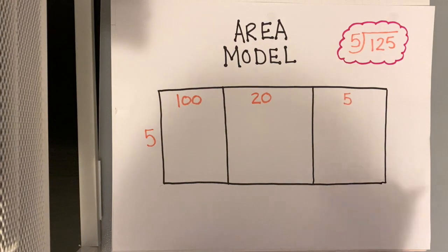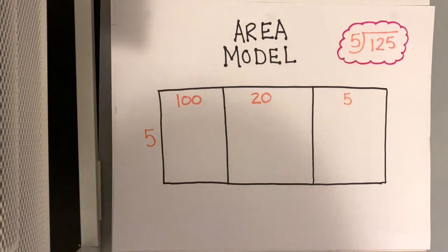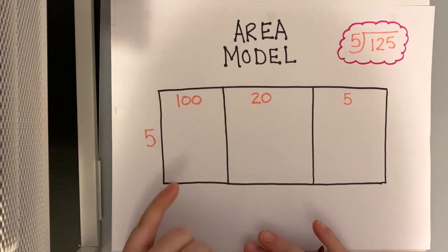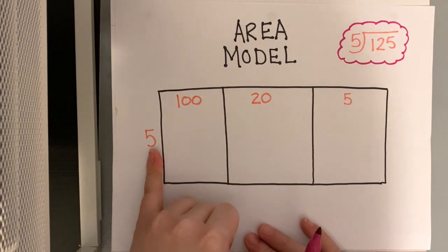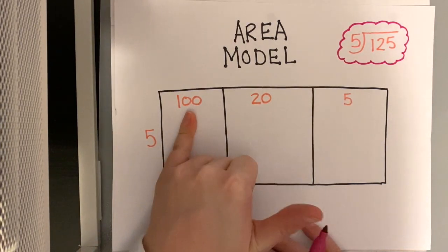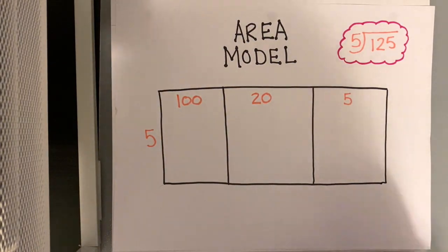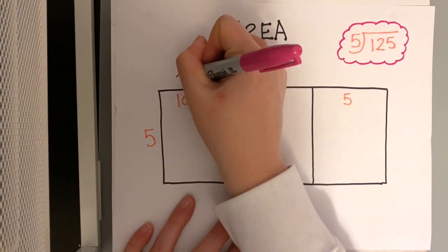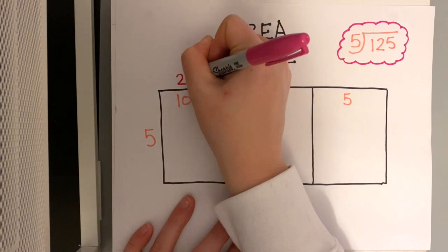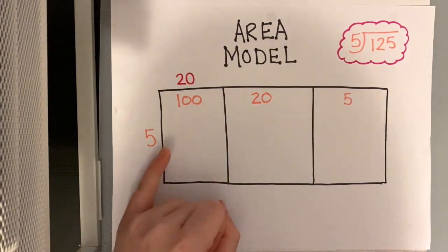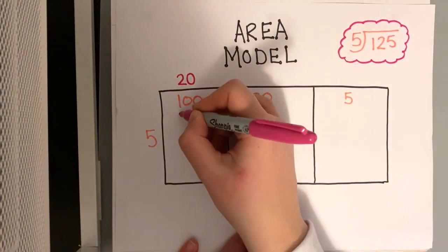Okay, so I'm all set and ready to go. These numbers are now broken down into smaller numbers that are easier for me to divide. My first thing is I need to figure out how many times 5 can go into 100 evenly. Well, I know that's really easy. That's 20, so I'm going to put my 20 up here. 5 times 20 is 100.